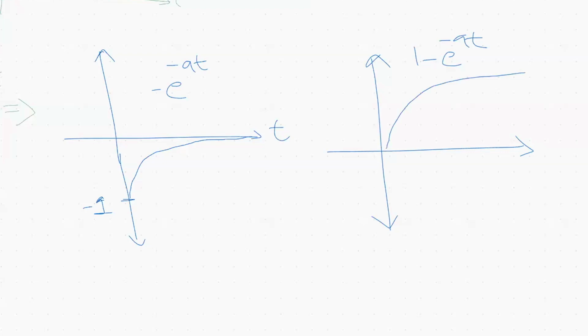This signal has an amplitude shift of 1. From -1, if you add 1, it's going to end up at 0, correct?